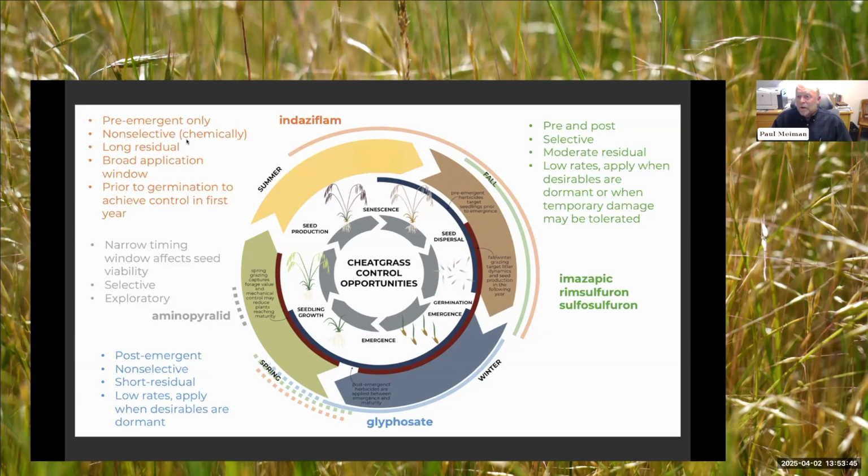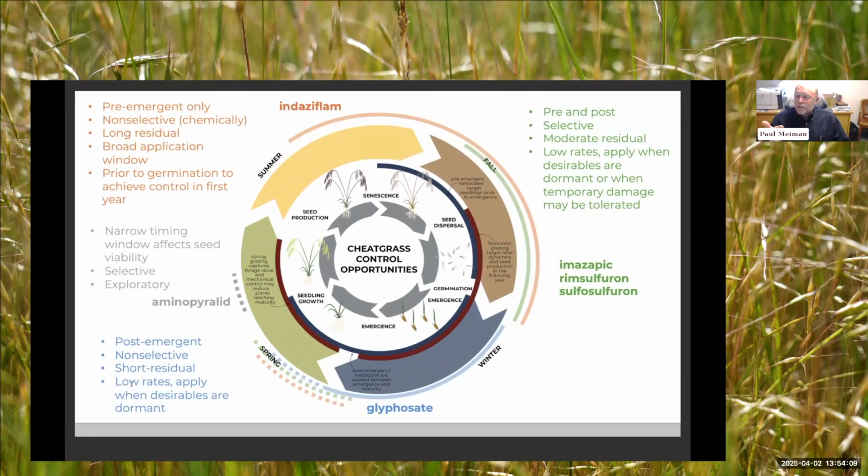So what we really need to think about is the duration and the intensity, so that we allow those perennial plants an opportunity to grow or regrow after being grazed while the temperatures are still appropriate to support plant growth and while there's enough soil moisture.